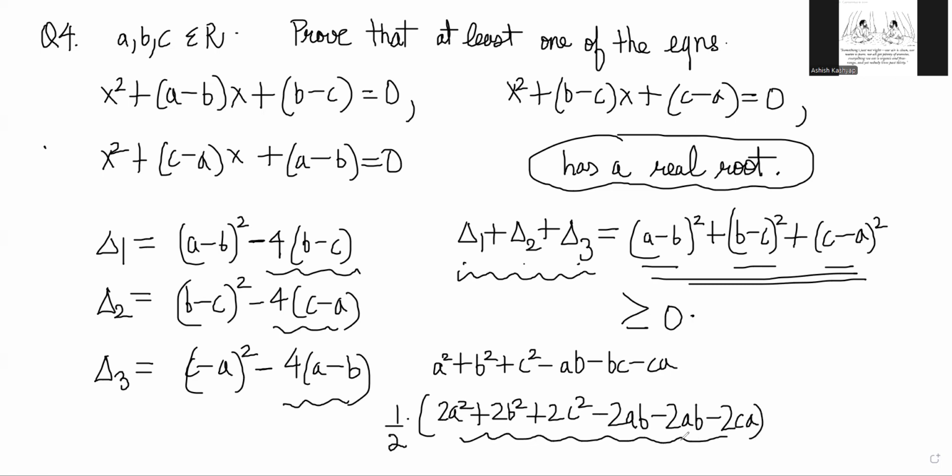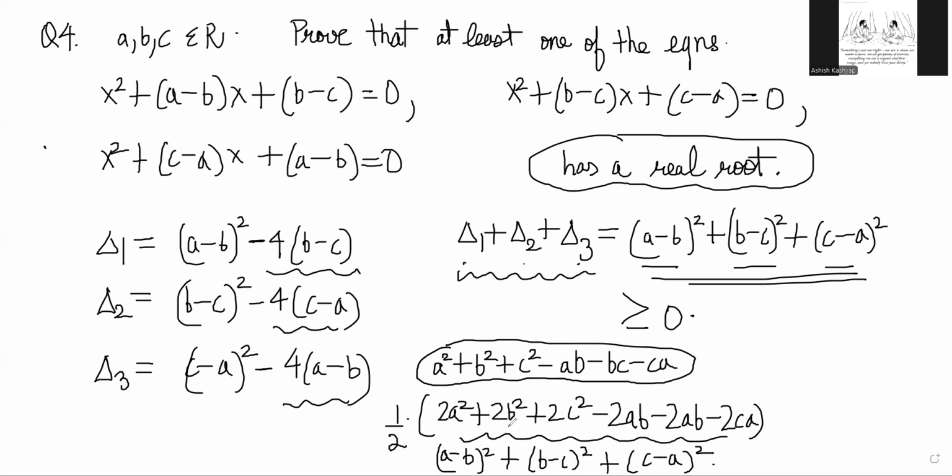This thing inside is (a minus b) whole square plus (b minus c) whole square plus (c minus a) whole square. This quantity is basically half of this sum of three squares. It will remain positive. Got it.